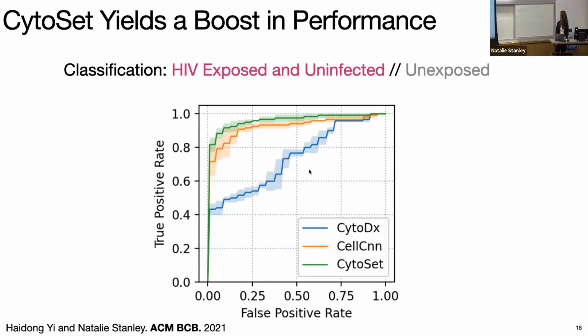And then CytoDx, which was around when I was a postdoc. So my student probably thinks this method is very old. I think it was published in 2018. This is actually just a very simple regression model where you first concatenate cells across all samples.